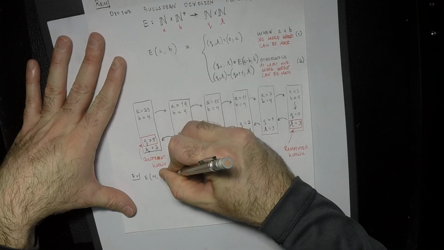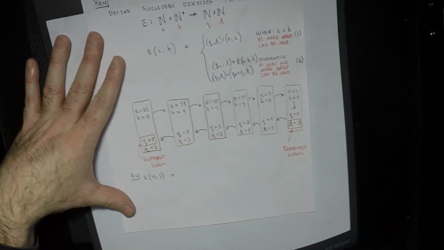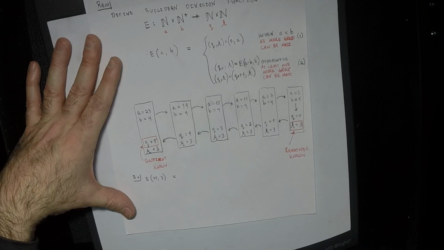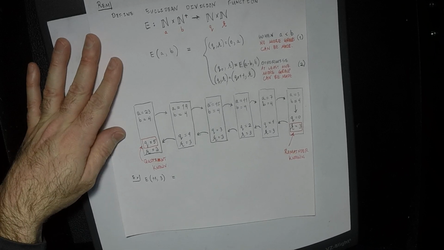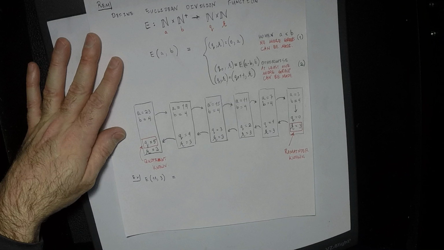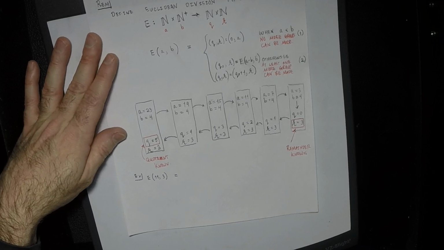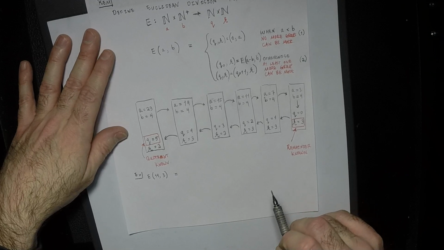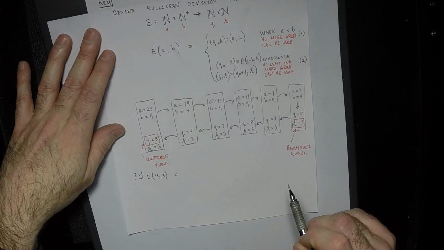So we're evaluating E at 11 and 3. Well, which clause are we in? We're in the second clause. That's the clause where there's a bunch of M&Ms in the bucket, right? No telling what the quotient and the remainder will be. So what we're going to do is recurse to what value?